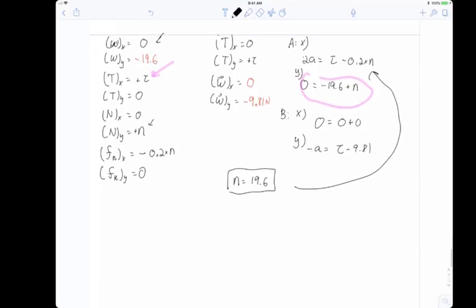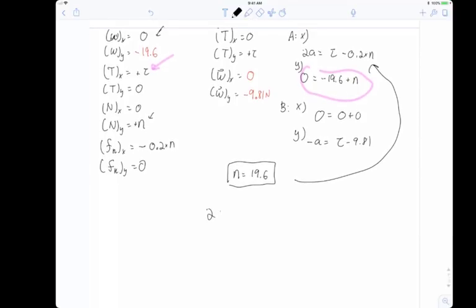And we end up with two equations. 2a is equal to tau minus 3.92 newtons. I'll leave the units off here because there's a lot of stuff going on. And the second one is minus a is equal to tau minus 9.81.